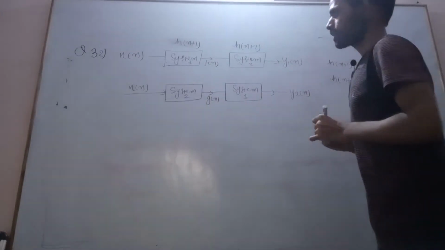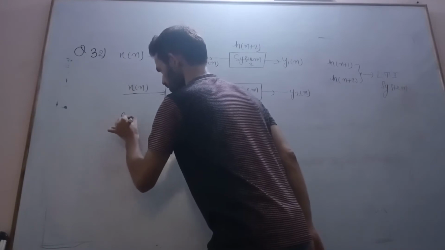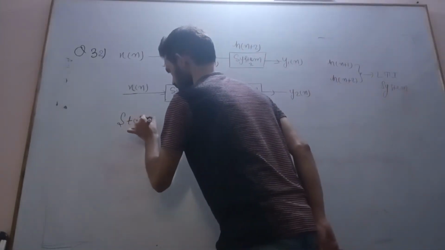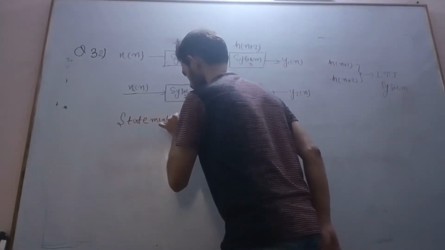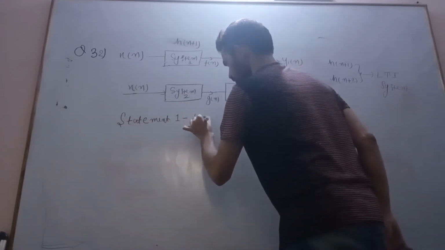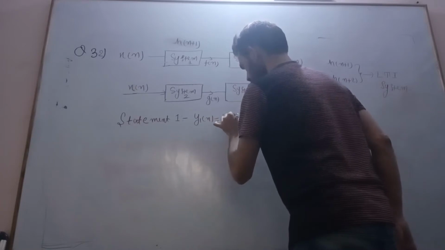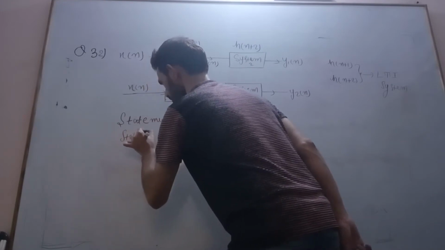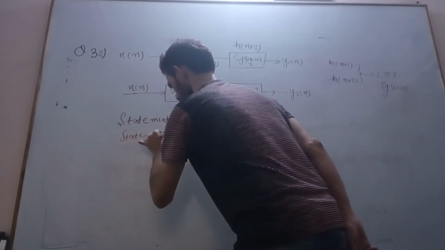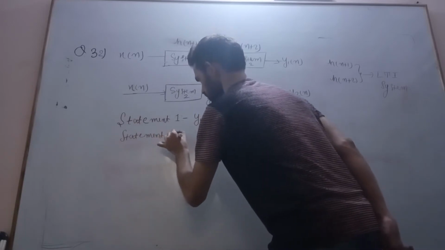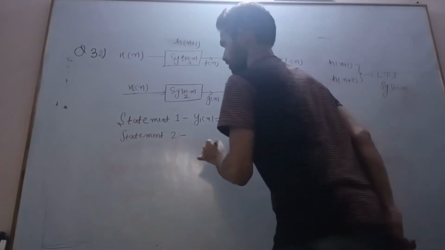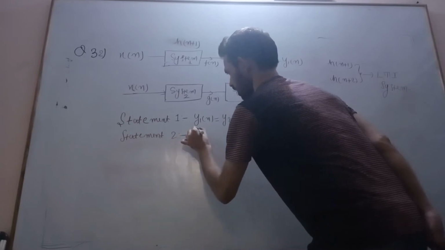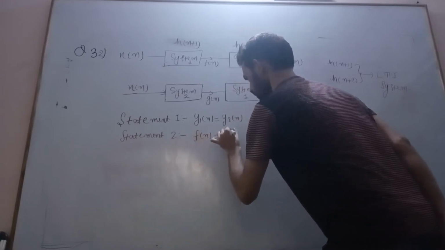Statement 1 is given that y1 of n is equal to y2 of n, and statement 2 is given that f of n is equal to g of n.